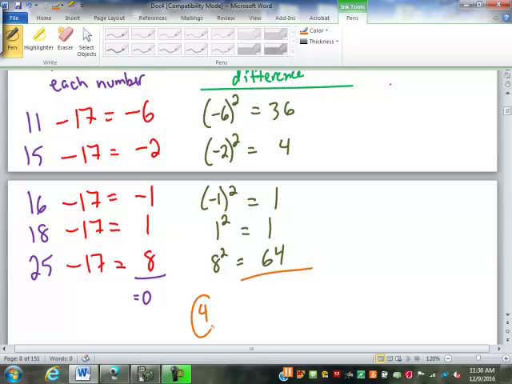Step 4. Find the sum. Add those numbers up. So if I add those up, I have 106, it looks like.